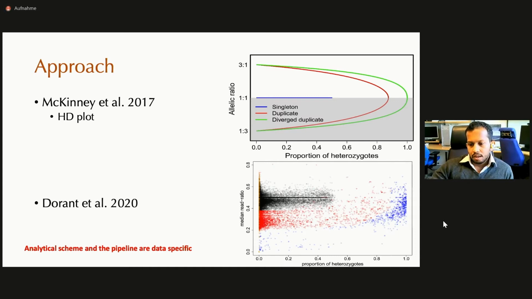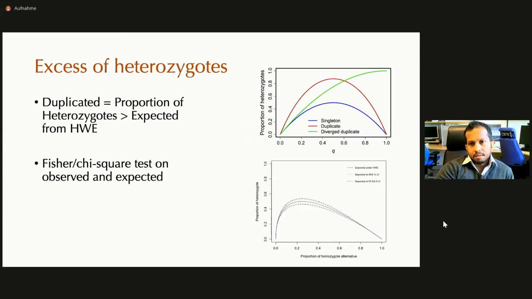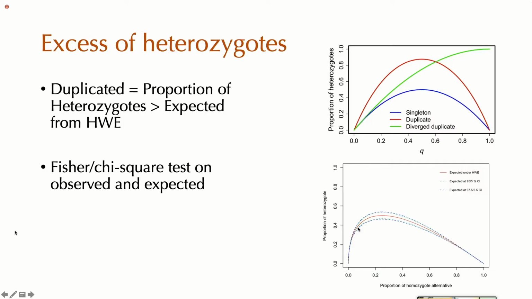It's only for RAD-seq sequencing, and it's hard to use for any other sequencing methods. So that's why we wanted to develop this method, and we split this approach into two. The first one is detecting excess of heterozygotes, where the proportion of heterozygotes in duplicates is always bigger than expected from the Hardy-Weinberg equilibrium, as you can see here.